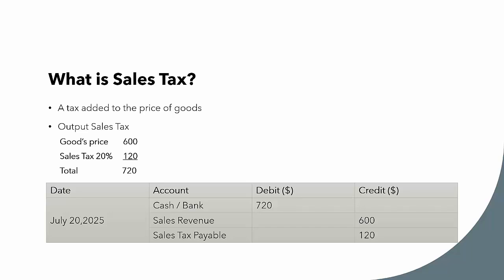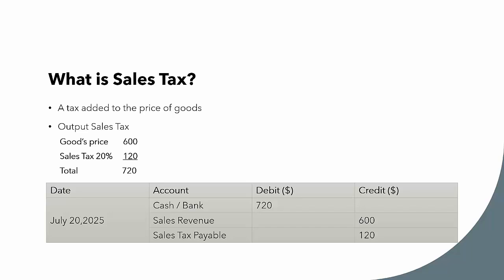First, the full amount received from the customer, which is $720, is recorded as money coming in. But the business cannot treat all of this as income. Only $600, the value of the goods sold, is counted as sales revenue. The remaining $120 is recorded as sales tax collected, which is money the business will pay to the government.